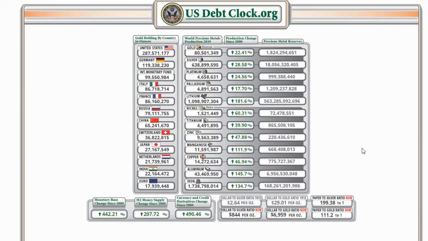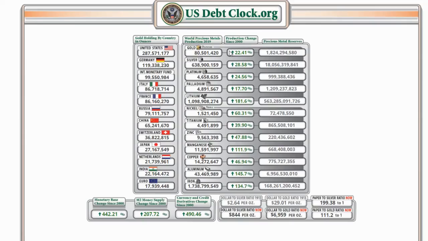Now, I'll leave with this one last thing here. Looking at the production of gold and silver, the increase in production since the year 2000, gold has increased 22.41% in production. They've mined a lot more gold in the last 19 years.